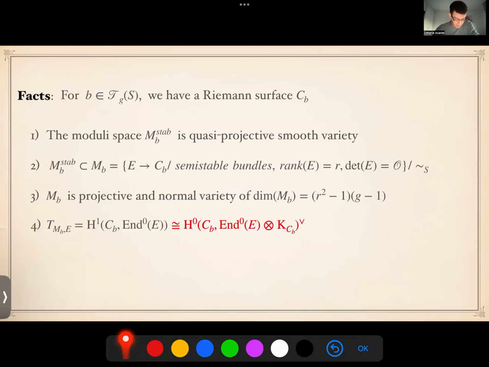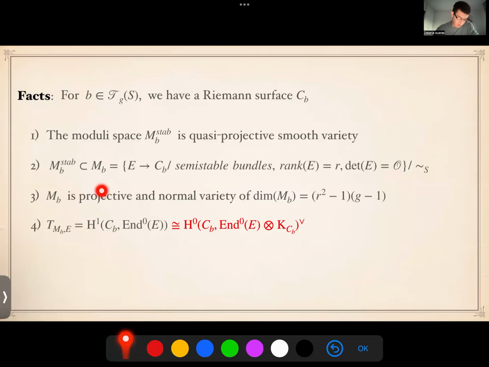You can calculate the tangent space of this variety at a class of vector bundles. It's given by the first cohomology group with values in traceless endomorphisms. Traceless, this is because we fix the determinant. If you don't fix the determinant, you fix just the degree, you take all the endomorphisms.